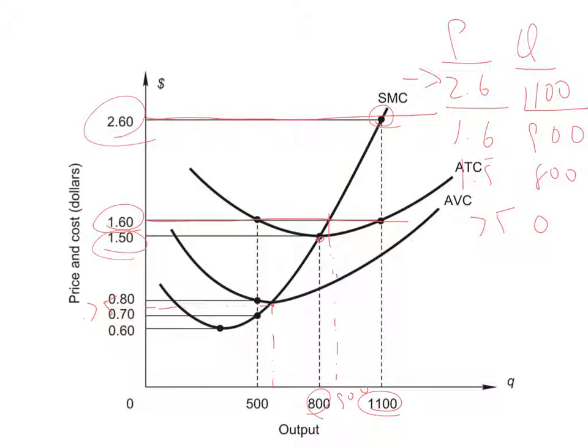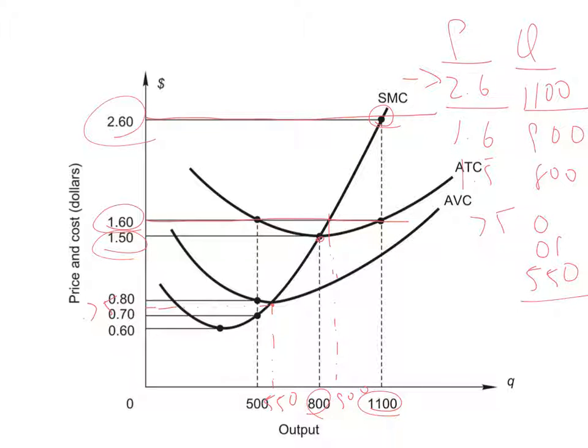Why? This is the shutdown point. This is that point where price equals the minimum average variable cost. And so it doesn't matter whether they produce 0 units or whatever that quantity might be, maybe 550. So 0 or 550 units, again, it doesn't matter. Their losses will be the same. Their loss from operation will equal their fixed costs.